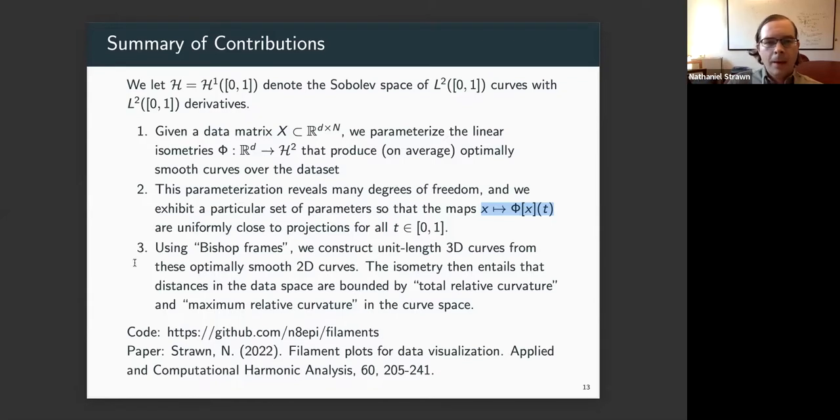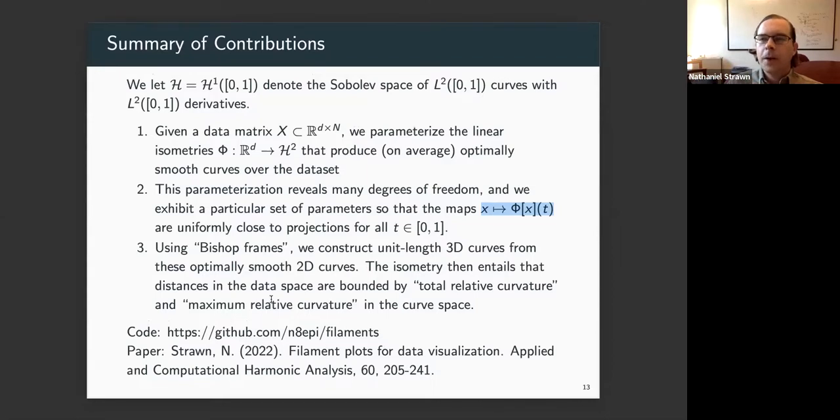That's the idea. And then we'll use these things called Bishop frames, which are slightly related to Frenet-Serret frames, to promote these curves to unit length 3-dimensional curves that are bushier. The isometry will entail that the distances in data space, so we'll lose some of the metric comparison properties when we promote to these unit length 3D curves, which we'll call filaments.